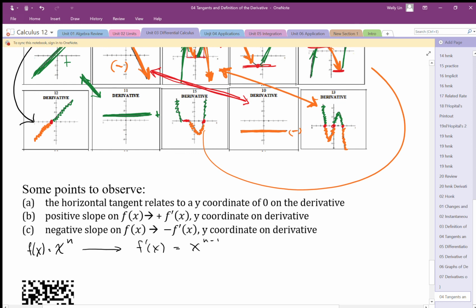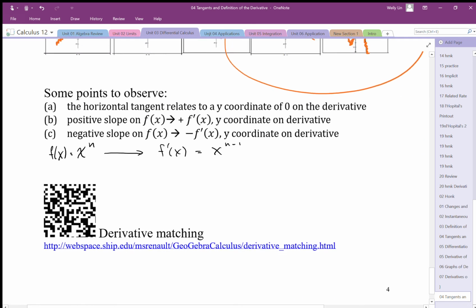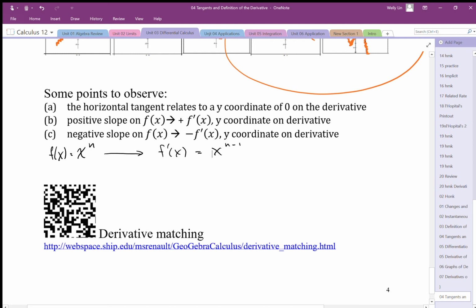In general, the degree of the polynomial tends to be one lower for the derivative compared to the original function. We'll be a bit more specific with this later. So for this derivative matching, just give it a try. It lets you play around with it, tells you if you're right or wrong, and lets you start getting a sense of the shapes and what you should be looking for when connecting a derivative and the function to each other.